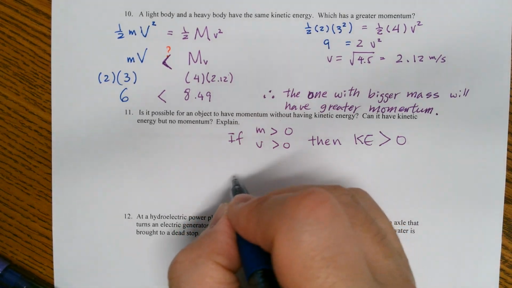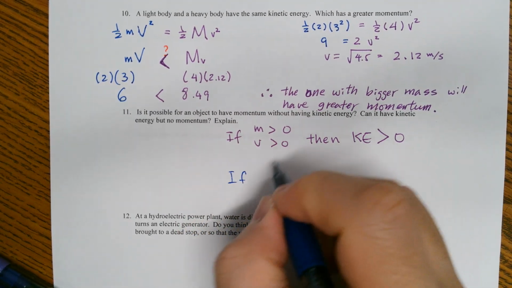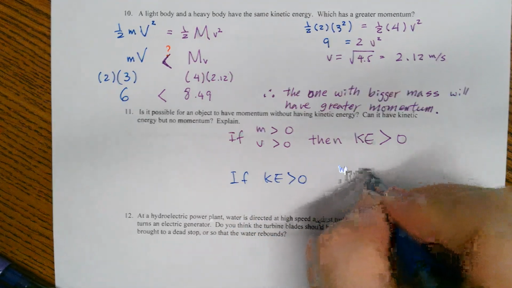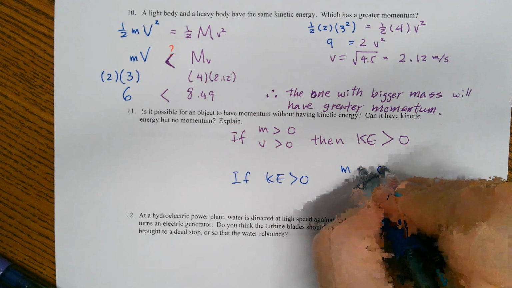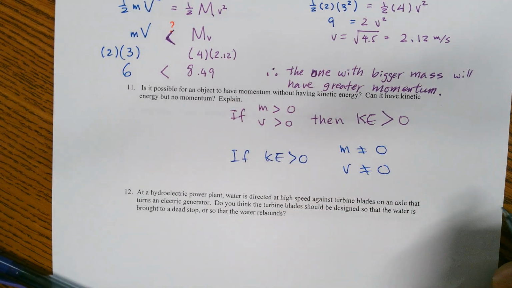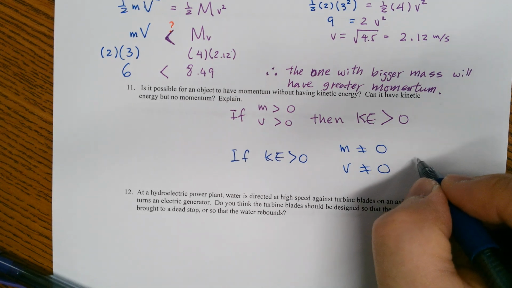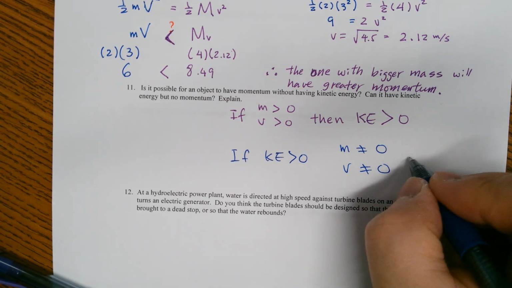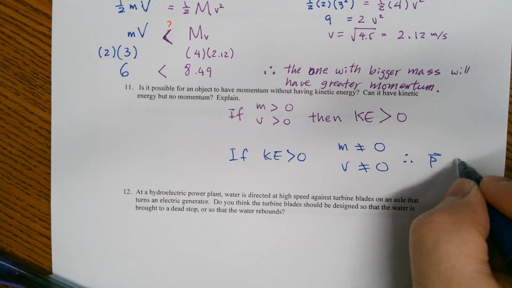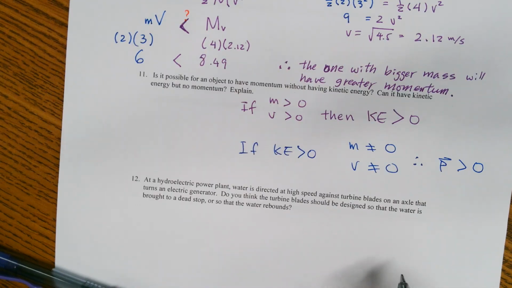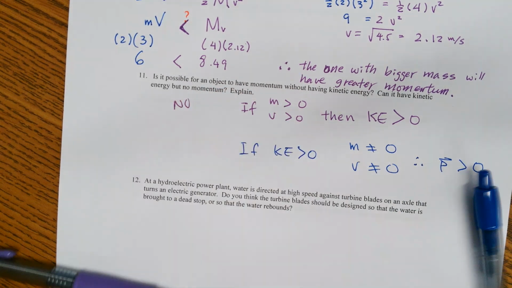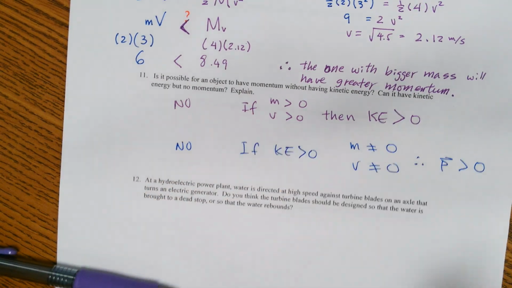If kinetic energy is greater than zero, the mass cannot be zero and velocity cannot be zero. Therefore, momentum has to be bigger than zero. So the answer is no and no.